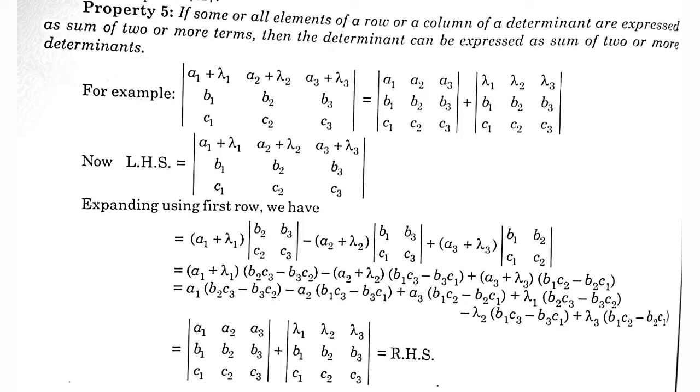For example, here the determinant has the elements a1 plus lambda 1, b1, c1; a2 plus lambda 2, b2, c2; a3 plus lambda 3, b3, c3. So we can write this as the determinant a1 b1 c1, a2 b2 c2, a3 b3 c3 plus the determinant lambda 1 b1 c1, lambda 2 b2 c2 and lambda 3 b3 c3.